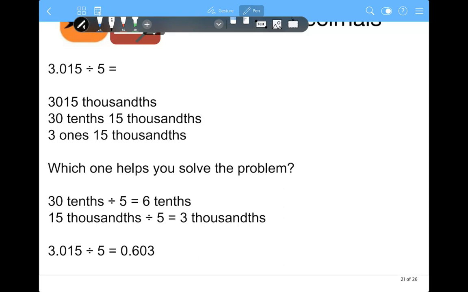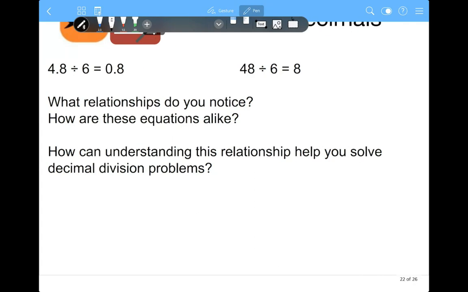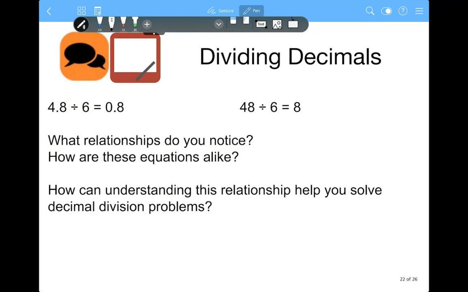And here they're just going over the problem we just did. Okay, so let's look at these two problems here. I have 4 and 8 tenths divided by 6, and I get 8 tenths here. And over here I have 48 divided by 6 equals 8. What do you notice? What relationships do they have? What's the same about them?